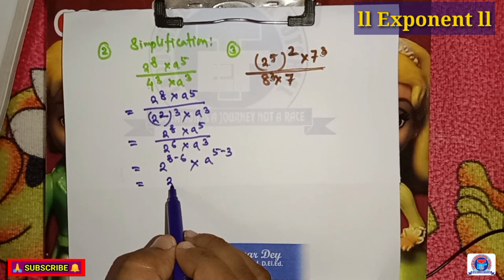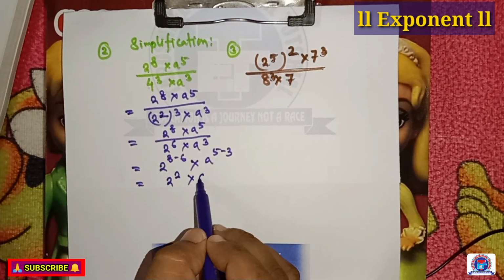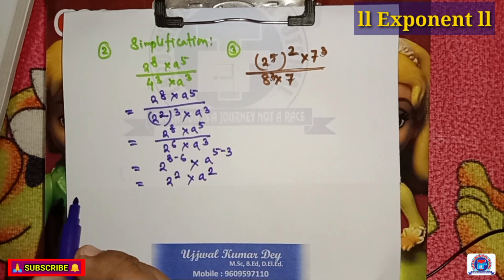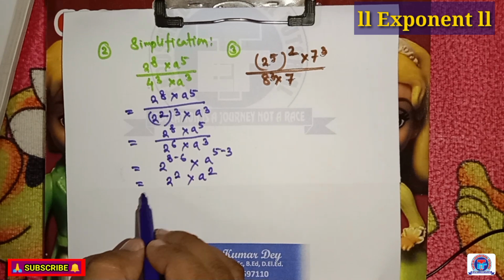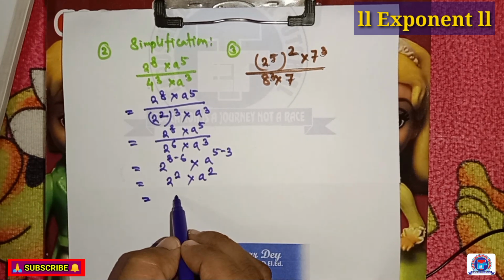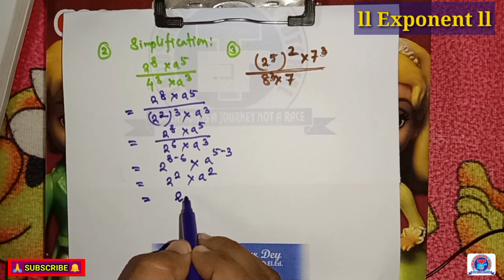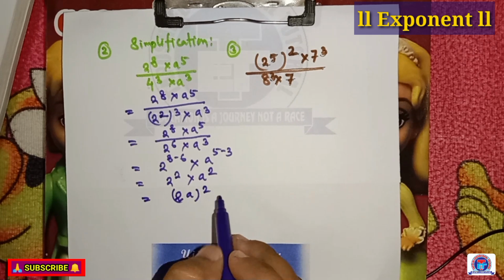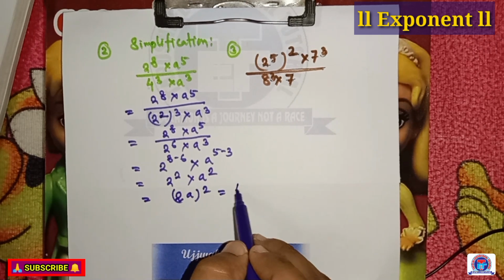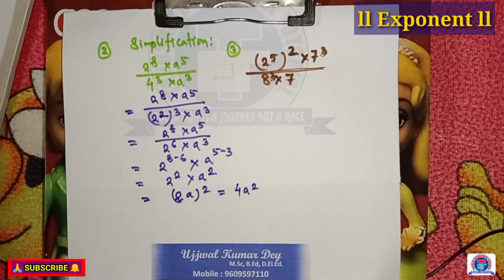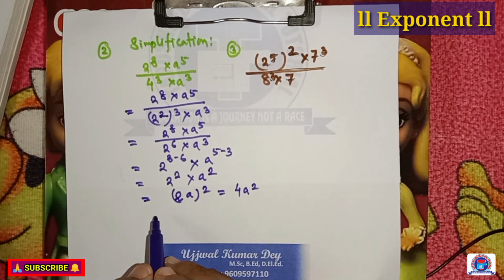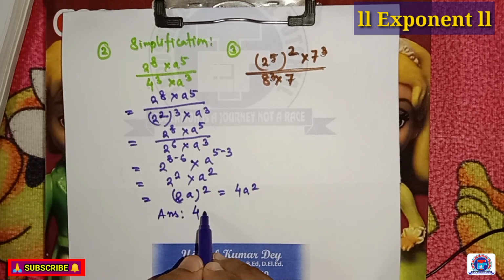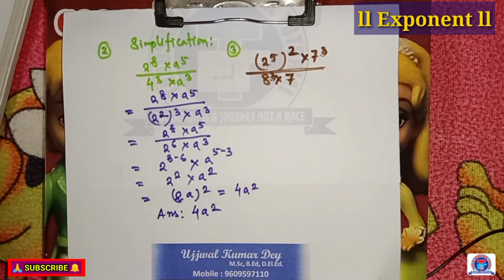It will become 2 to the power 2 into 8 to the power 2, right? That means it will become 2a whole to the power 2, or we can write 4a square, correct? That is the answer of this mathematical problem. So the answer will be 4a square, correct?